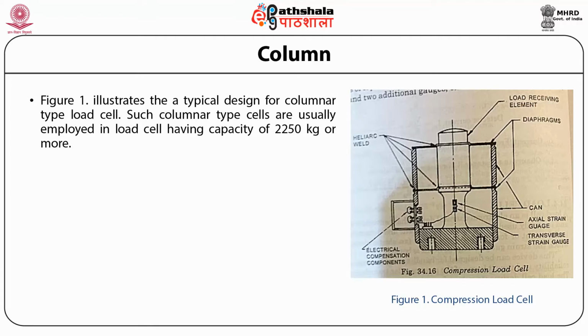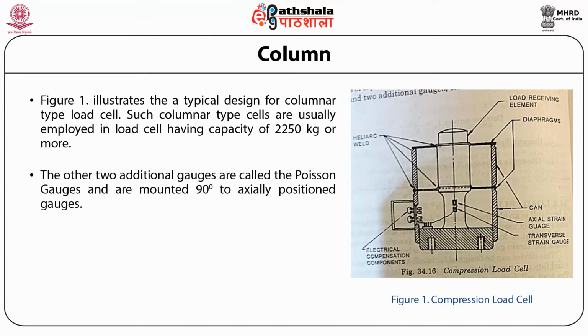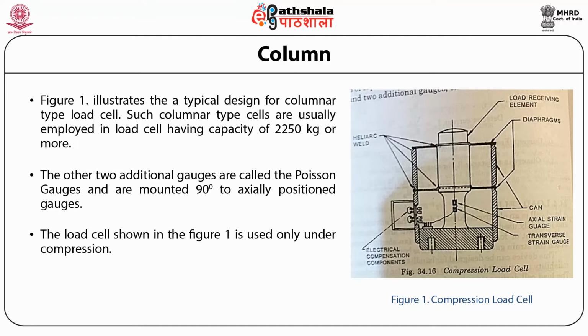It has two strain gauges called active gauges that are bonded axially. The other two additional gauges are called Poisson gauges and are mounted at 90° to the axially positioned gauges. The load cell shown in figure 1 is used only under compression.